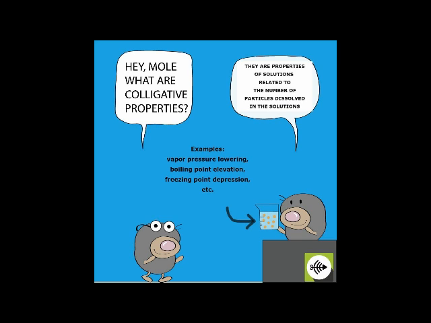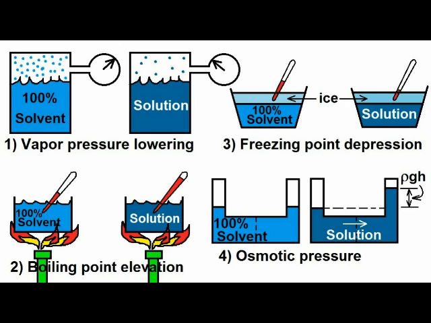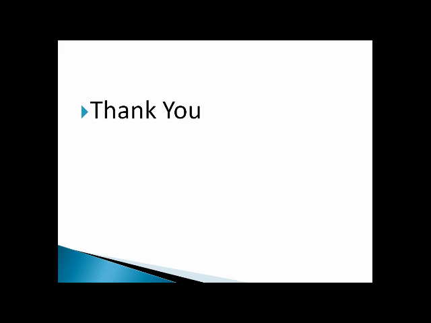They are properties of solutions related to the number of particles dissolved in the solution. What are the colligative properties? Vapor pressure lowering, freezing point depression, boiling point elevation, and osmotic pressure. So go through all the colligative properties well and convey your doubts if you have. Thank you.